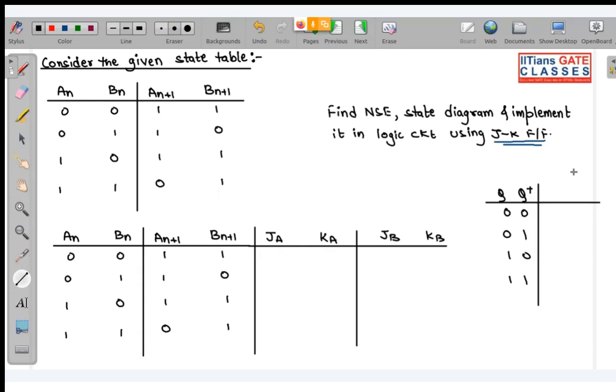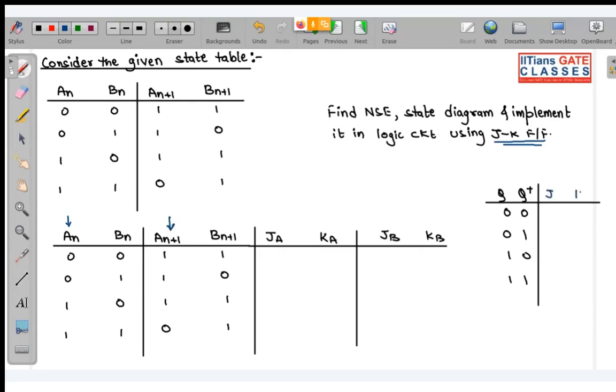Like the characteristic equation. How can we do it with the help of the characteristic table? Excitation table. We forgot. Here, look, we have the present state of the A flip-flop and the next state of the A flip-flop.